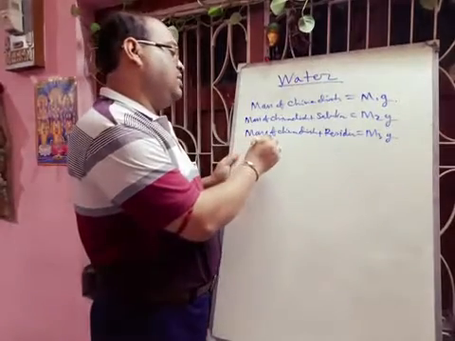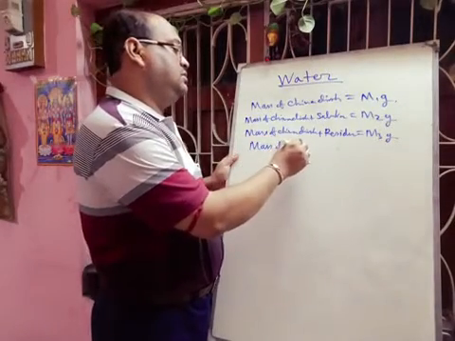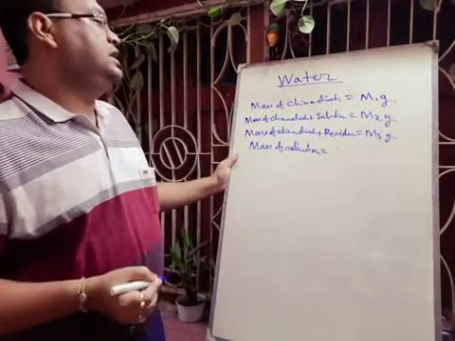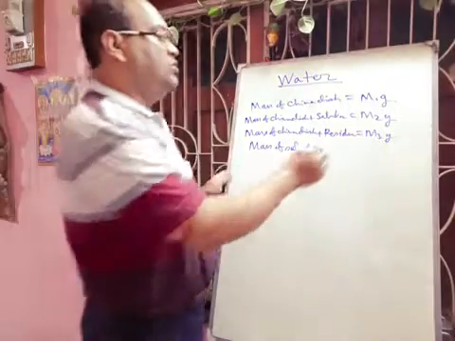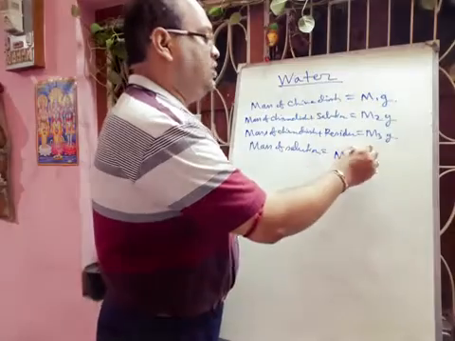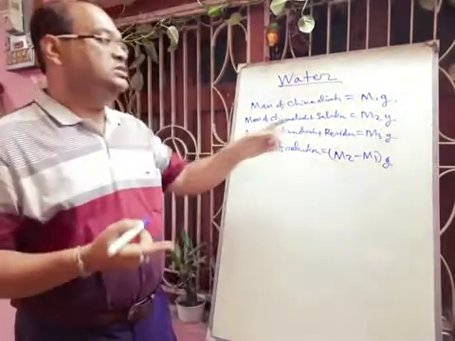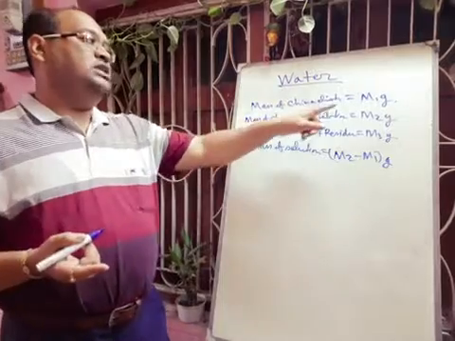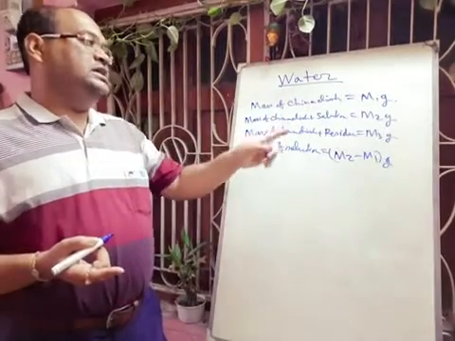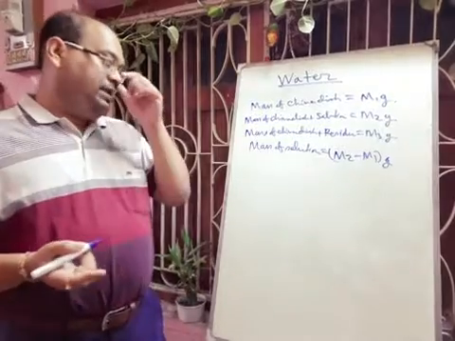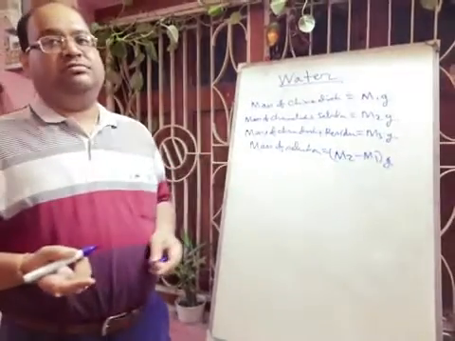What will be the mass of solution? Mass of solution will be m2 minus m1. m2 is the mass of china dish plus solution, and m1 is the mass of the china dish. So if we subtract m1 from m2, we will get the mass of solution.